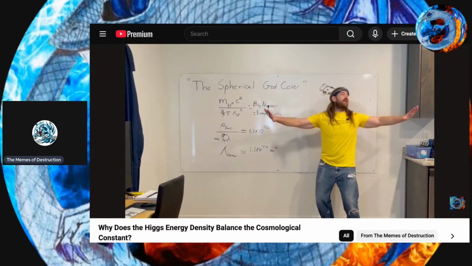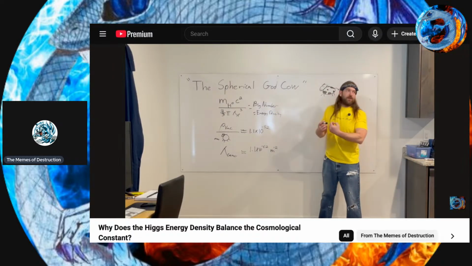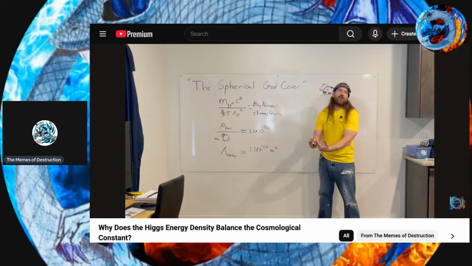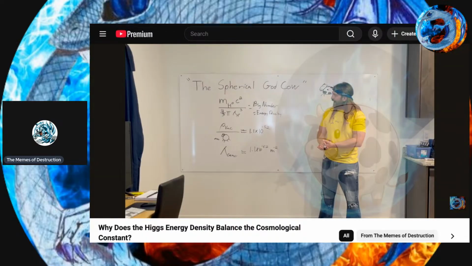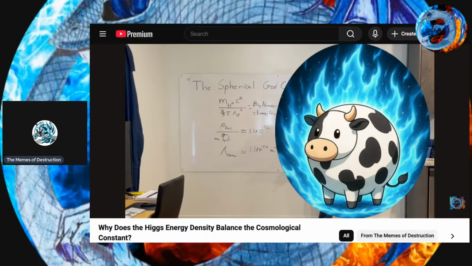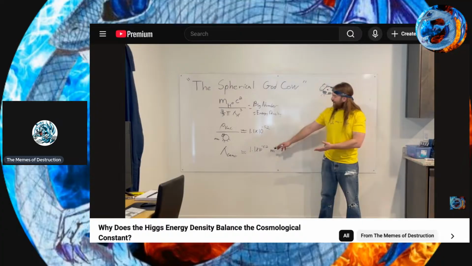It just seems to be everywhere. It seems to help give mass to other particles. That is what we believe it does, and we believe it's everywhere. If we turn it into a literal spherical cow, it has a ratio of dimensions that comes out to be the magnitude of the cosmological constant.